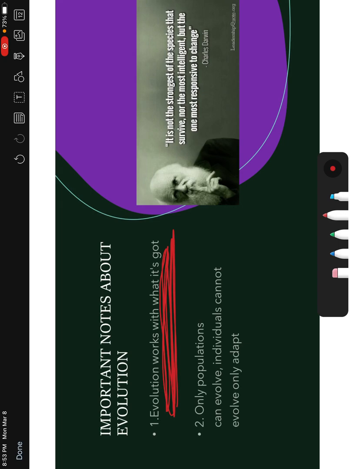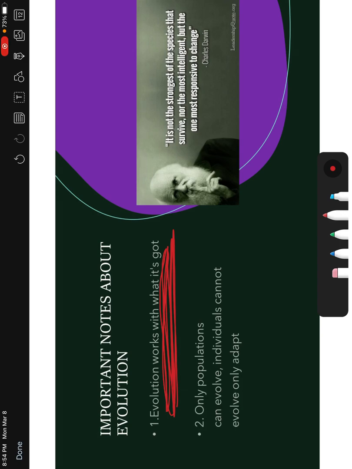Evolution is a theory that basically means that you have to have pre-existing parts that evolution builds off of slowly and over and over again with time. We will look more into that in one of the evidences today. It's a very good example of how evolution works with what it's got.